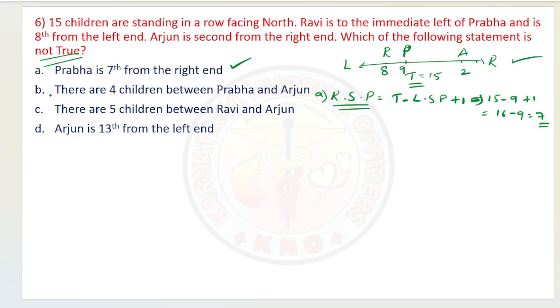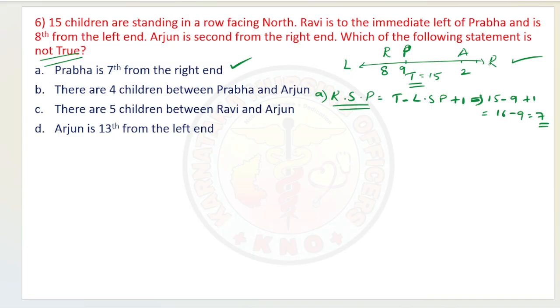Next, option B. There are 4 children between Prabha and Arjun. So Prabha's left position is 9. Right position is 7. Arjun's right position is 2. So now let us calculate the number of children between Prabha and Arjun.